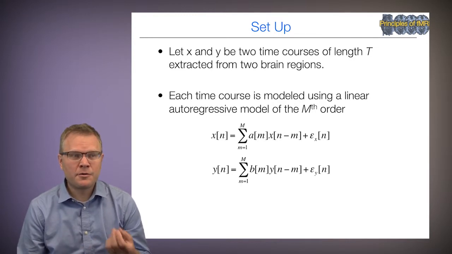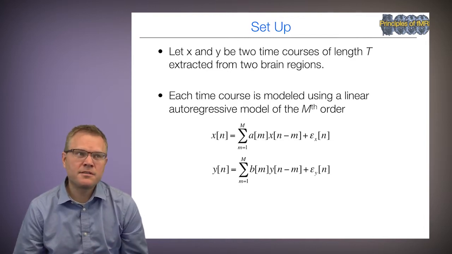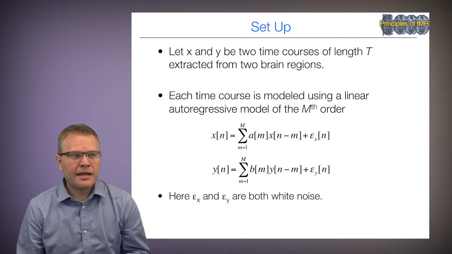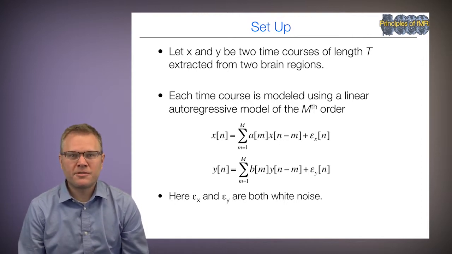Similarly, we model y using its m past values as well. So this is what's called an autoregressive model of the mth order. Basically, all we're doing here is modeling x at a certain time point using its past values. Here, epsilon x and epsilon y are both white noise. We can just assume for simplicity that they're IID normal errors.